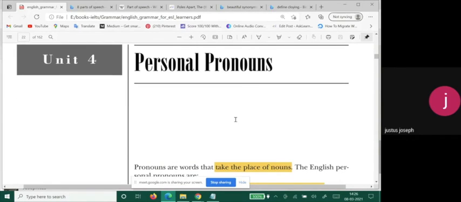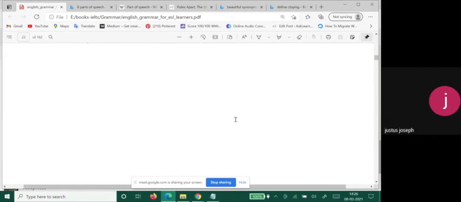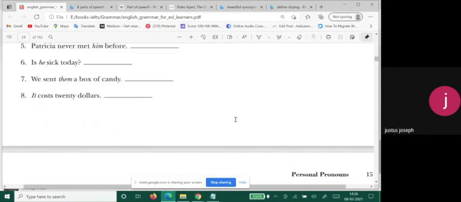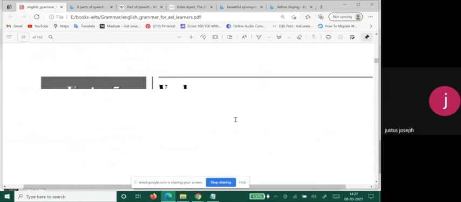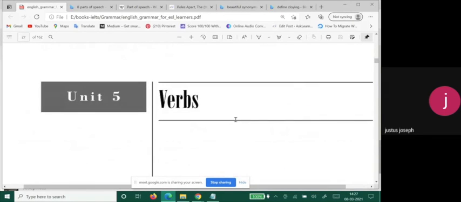Tomorrow we will cover personal pronouns, that is unit 4, and a few more units, not just unit 4, and verbs, a big area. We'll cover that tomorrow.